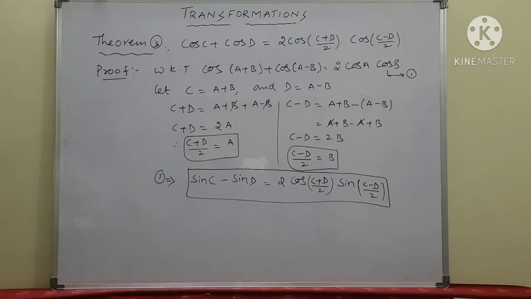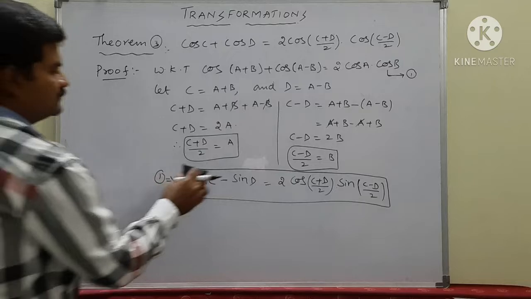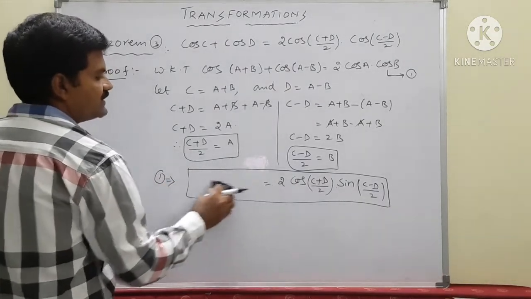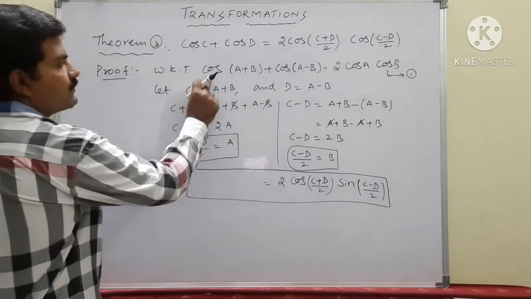So once again we can assume c is equal to a plus b and d is equal to a minus b. Finally, on adding and on subtracting we get a is equal to (c plus d) by 2 and b is equal to (c minus d) by 2. So let us substitute in equation 1.